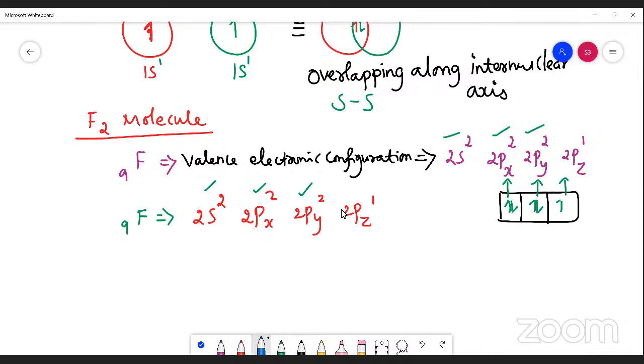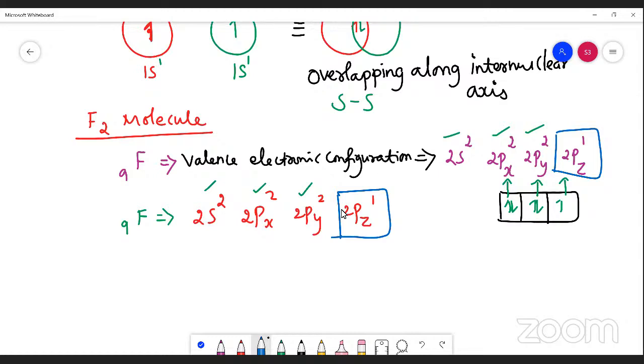But the 2pz contains only one unpaired electron, and in the same way the 2pz of the second atomic orbital contains one unpaired electron. Now this 2pz atomic orbital of one fluorine atom can overlap with the 2pz of the second fluorine, and it leads to the formation of a sigma bond.